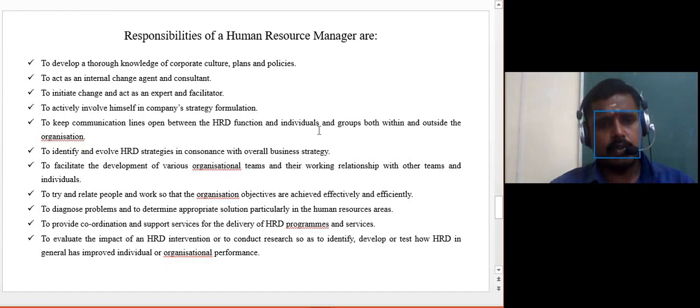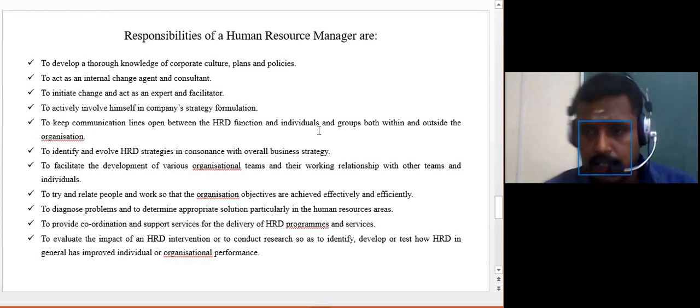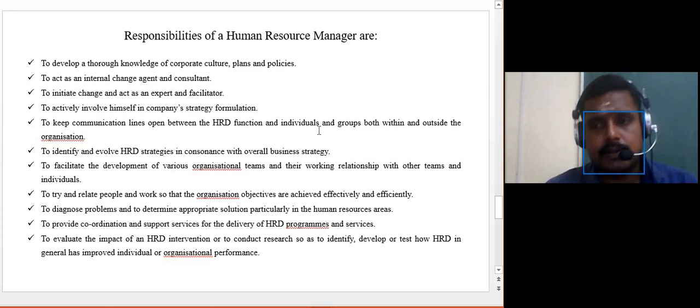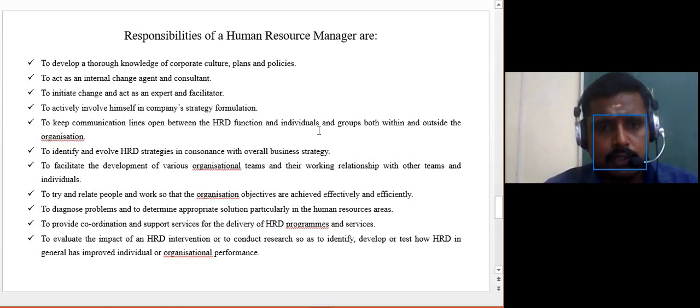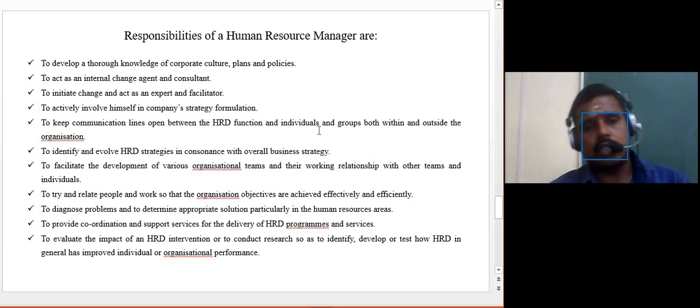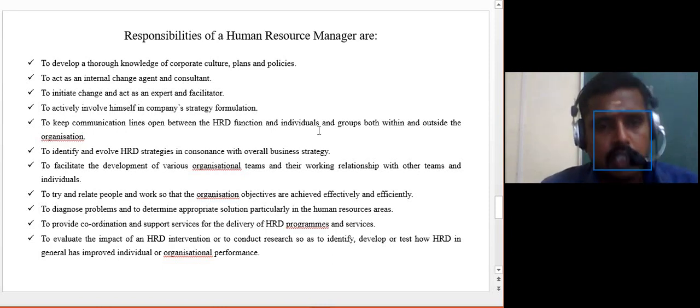And the second responsibility is to act as an internal change agent and consultant. Because a human resource manager should give a welcome note to the vendors and as well as the consultants to that particular business activity, and make a very good sign to the consumers.